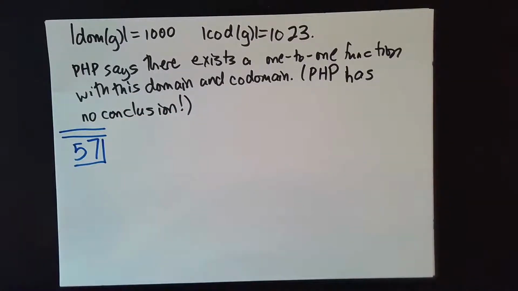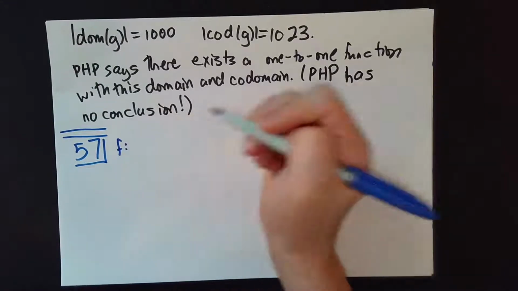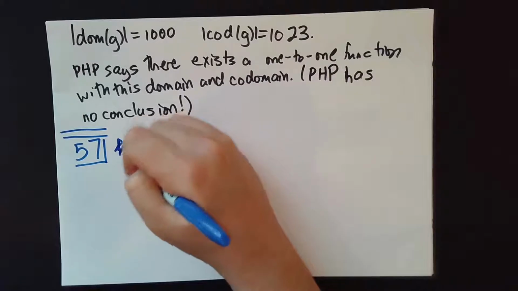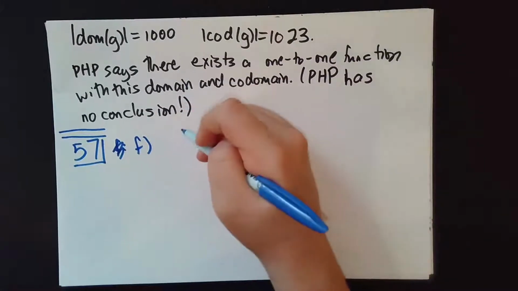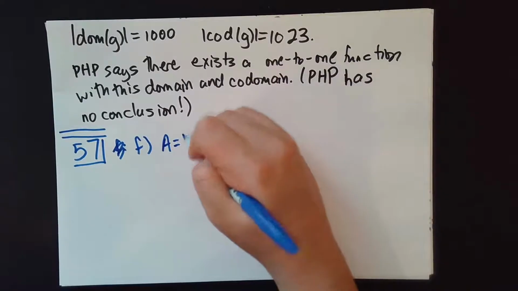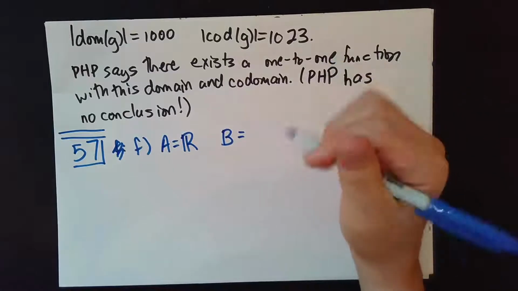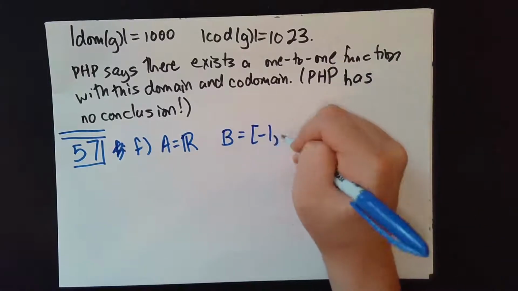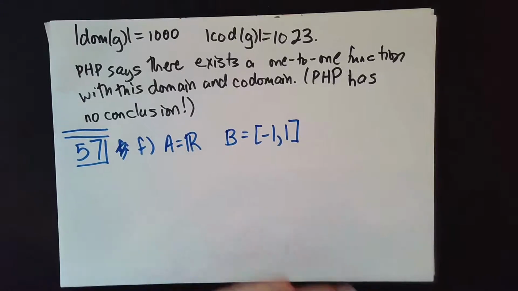57, by the way, is the question that asked you to write down examples of functions with a given domain and codomain. So in 57F, it wants you to choose the domain R and the codomain, the interval from -1 to 1. And so I want to write down a function here that inputs an element of R and outputs a number in the closed interval from -1 to 1.